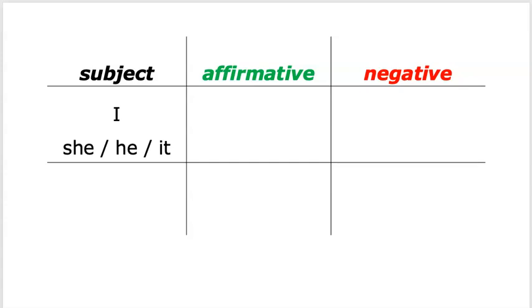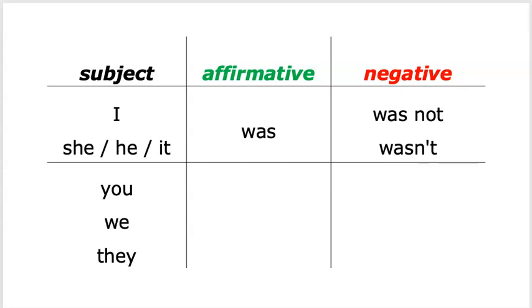If our subject is I, or she, he, it, or somebody's name like Tom or Mary, or a thing like the chair, we're going to use the word was in the affirmative, and we'll say was not or wasn't for the negative.